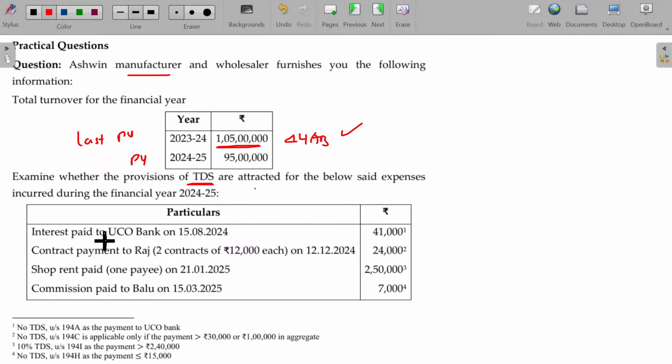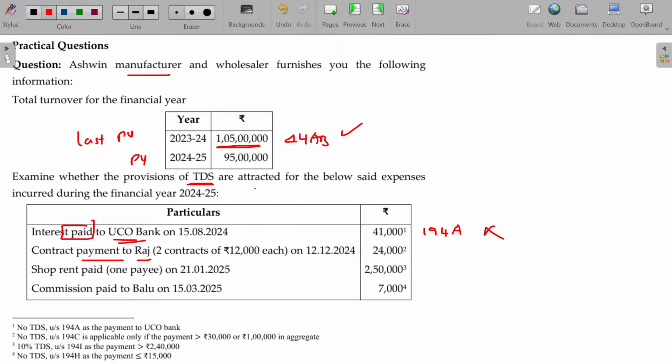Now, interest paid to UCO Bank. What about this one? This is a payment. Only for the receipts TDS is applicable. So section 194A, interest other than on securities, is not applicable here because it's a payment.